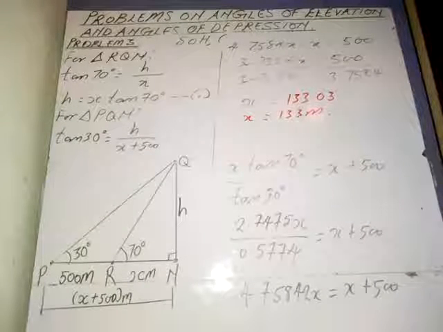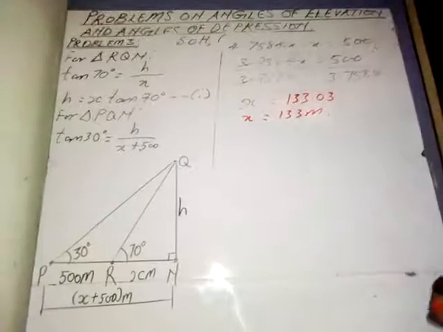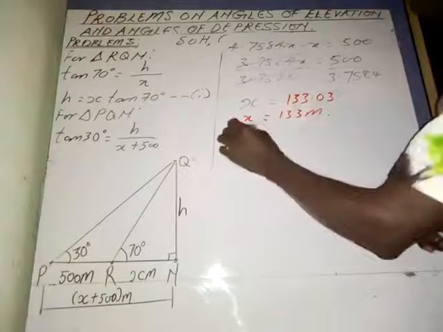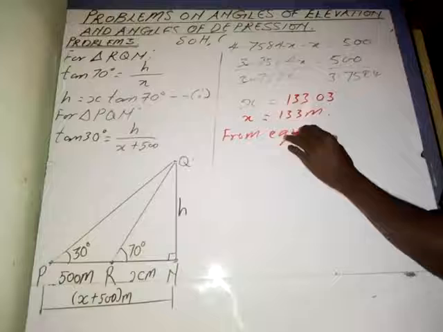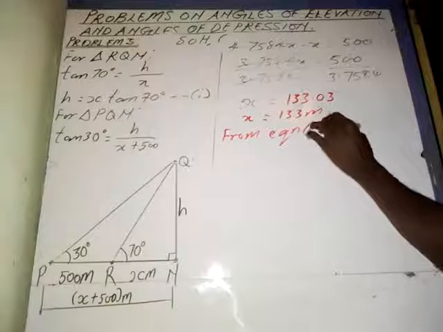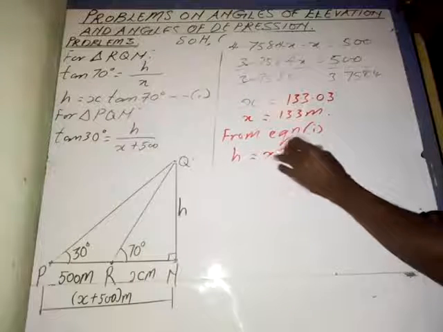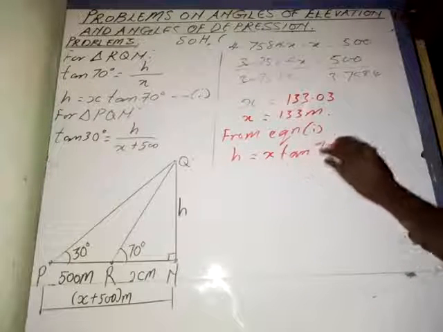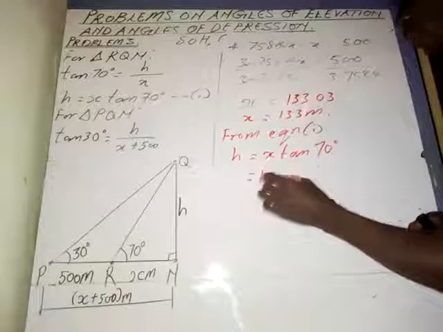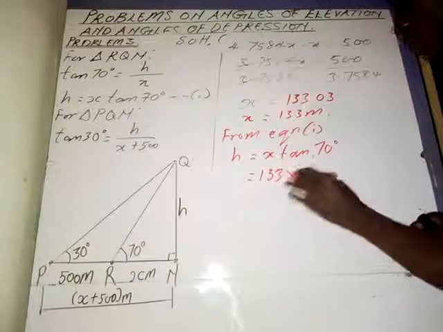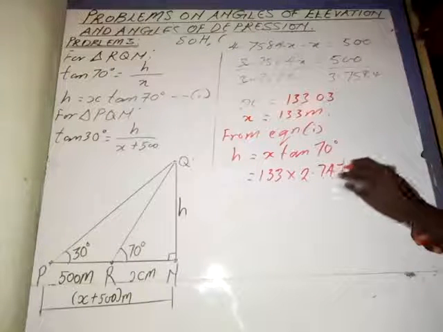So if x is 133 meters, I can go on and determine the value of h. From equation 1, we have h equal to x tan 70 degrees, and this is equal to 133 times 2.7475.